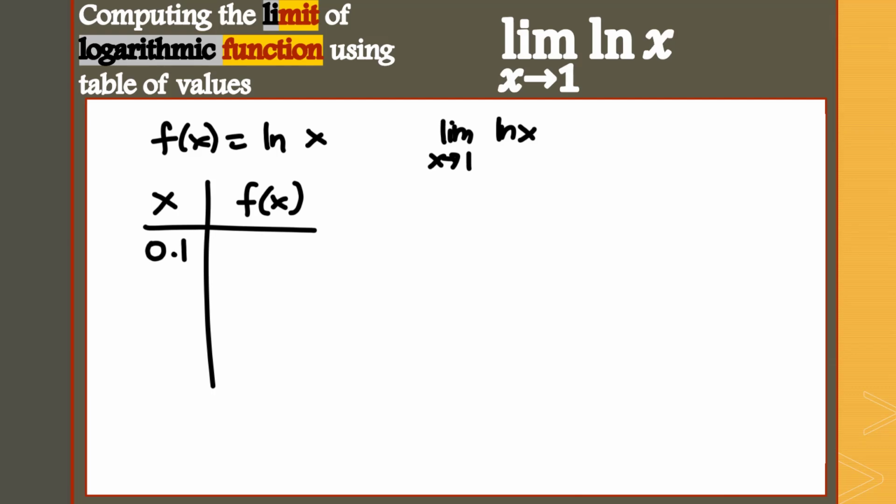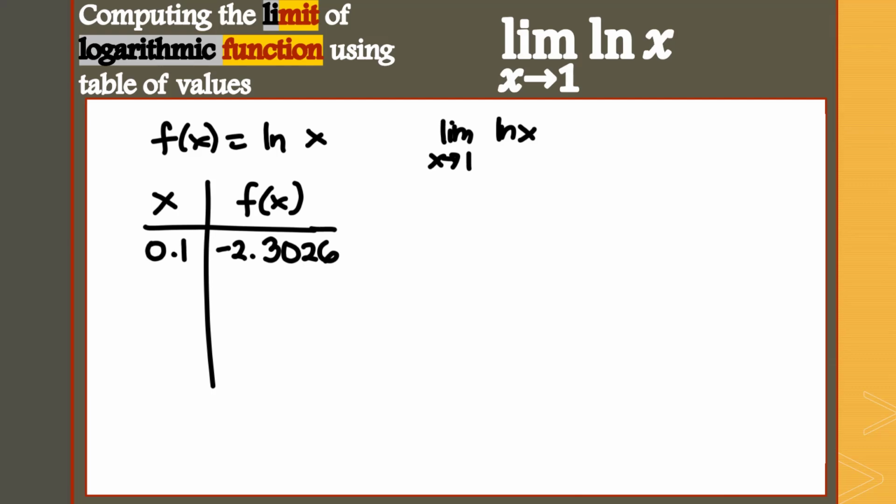As we plug this into our f of x, take note this table is from the left. As you plug this in using your calculator, you will have an approximate value of negative 2.3026. As mentioned, it's an approximation because you only have 4 decimal places. This value cannot tell us the limit of the function as x approaches 1 from the left.